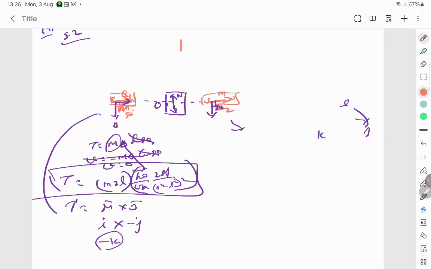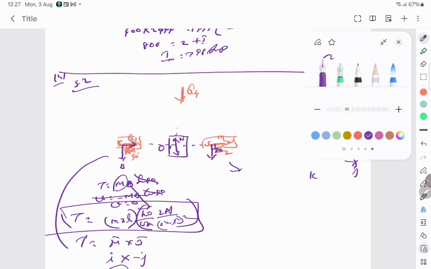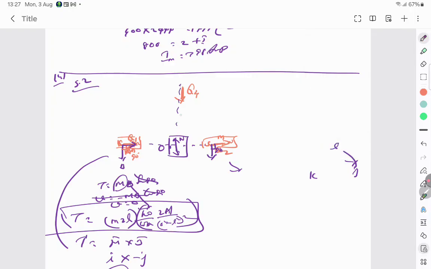There is another position here, given as Q4, and the arrow is like this. This is lying on the axial line of this magnet, right? You know that the bar magnet is south to north, so the axial line field will be away from the north pole. So the magnetic field due to this is away from the north pole, and the moment and field make an angle of 180 degrees.